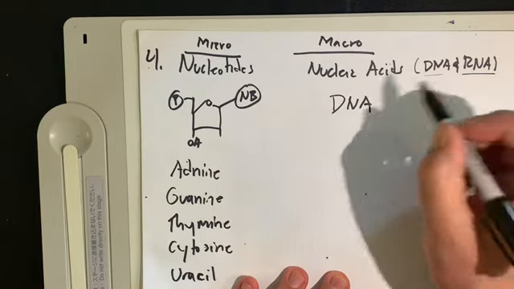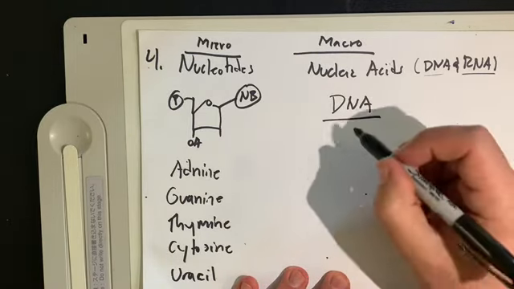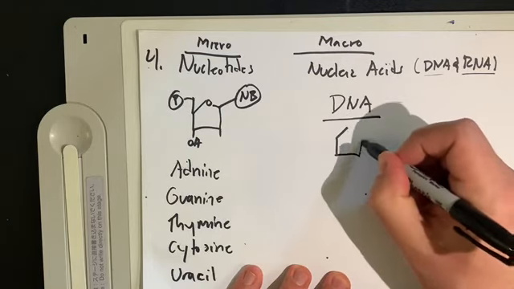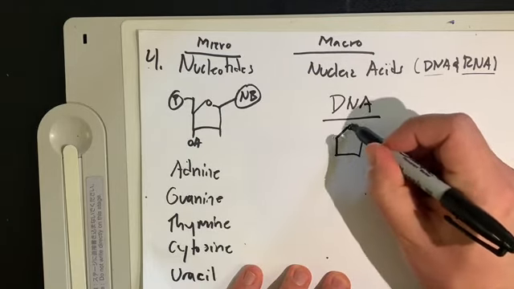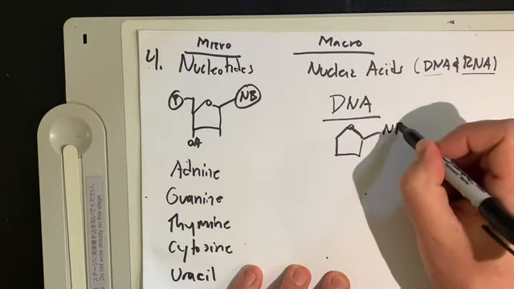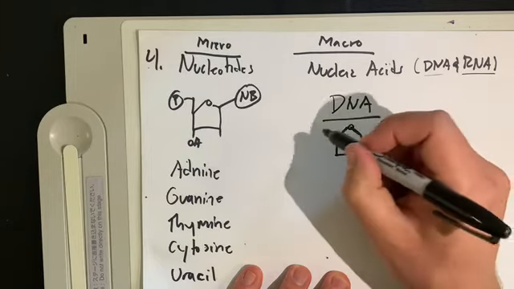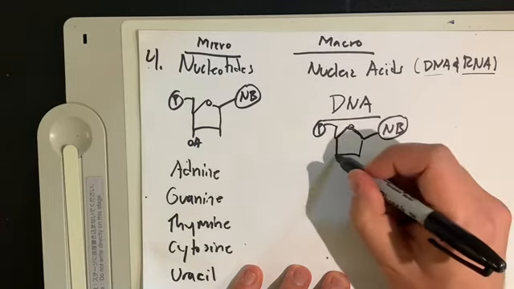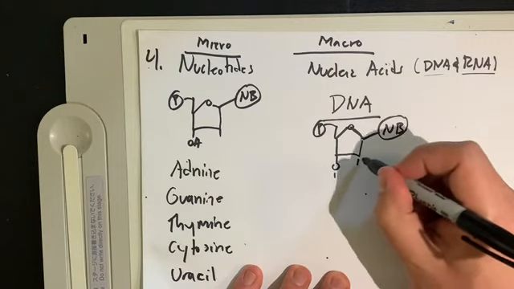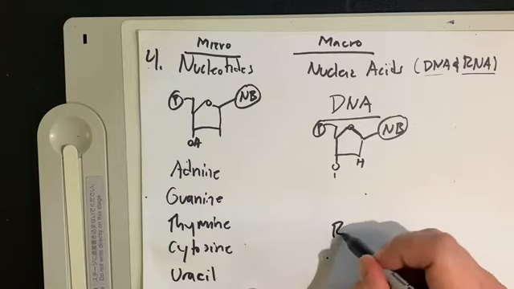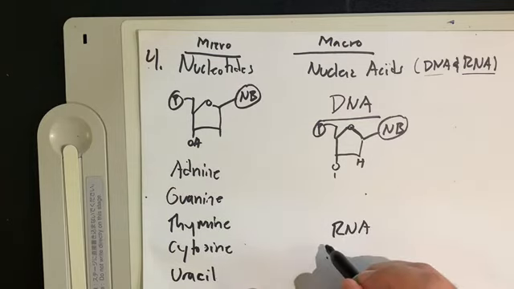So when you look at the nucleotide of a DNA, it's going to look like this. And then our RNA, it's going to look very similar, but a little bit different.